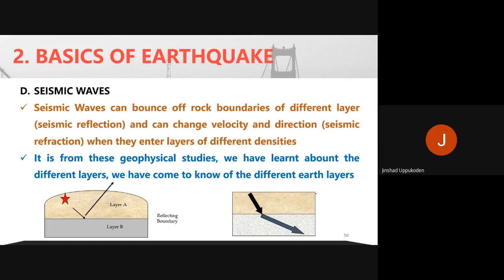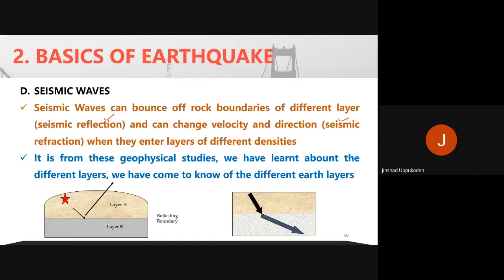I told you earlier that seismic waves can get reflected and can get refracted. It's called seismic reflection and seismic refraction, depending upon the properties of the different layers of rock. Different layers of the rock may get reflected as well as refracted.